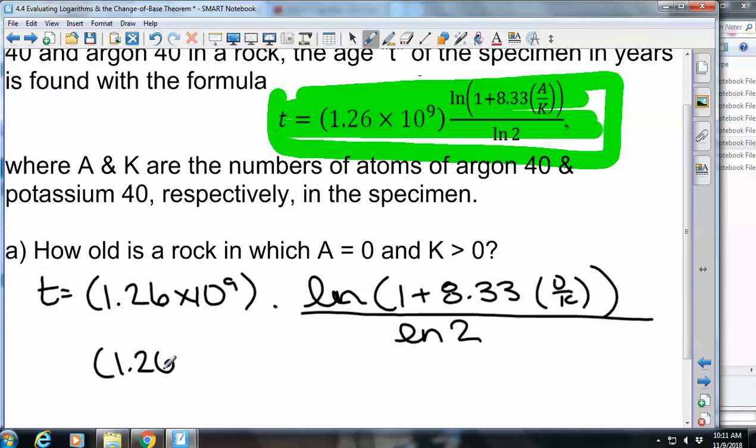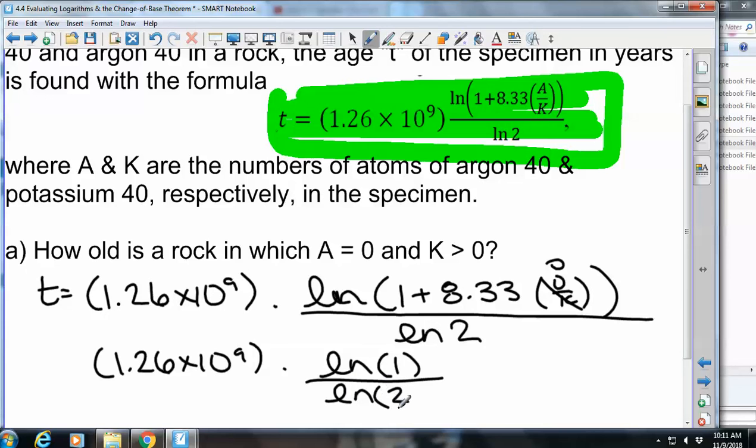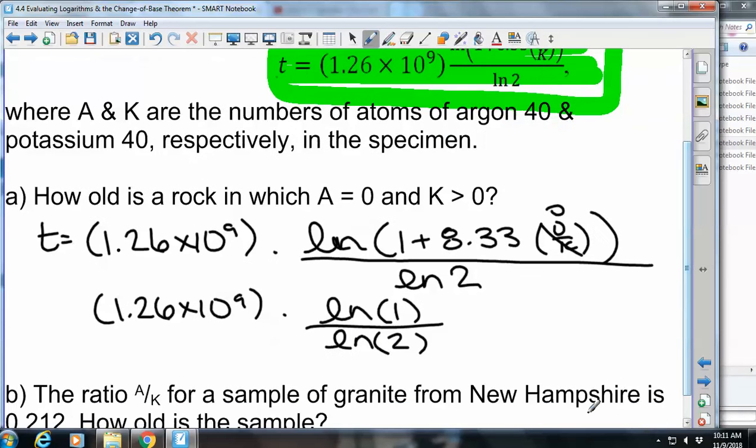So when you put this in, this whole thing turns into 0. 8.33 times 0 is 0. So it simplifies to this point.